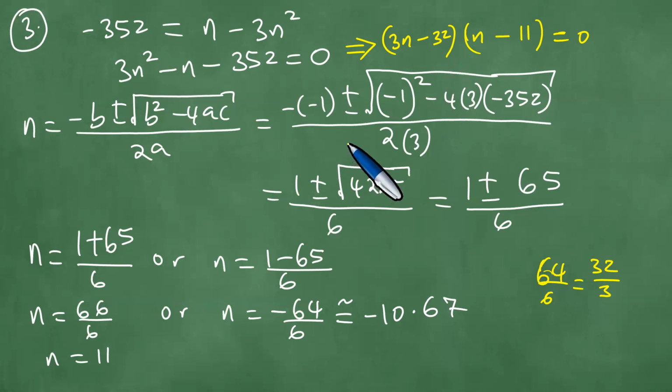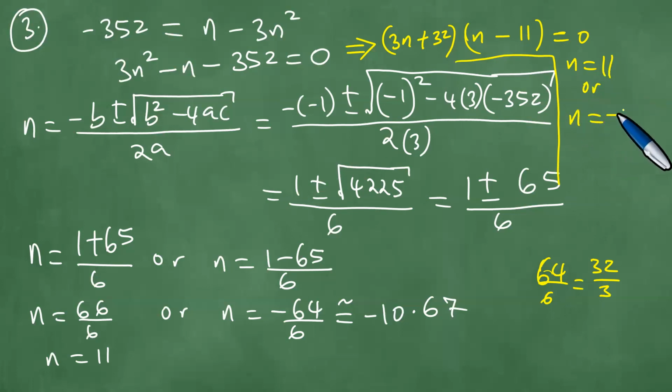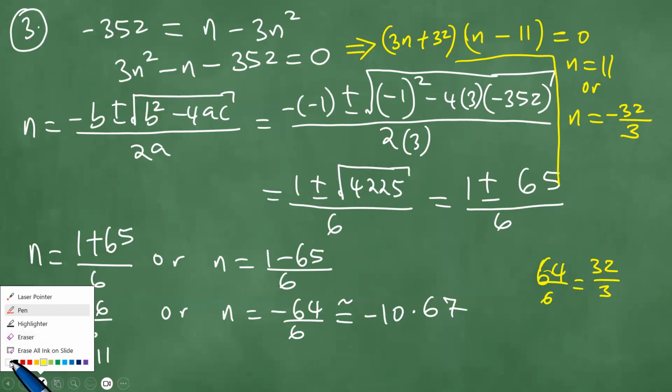One of them is negative and the other one is positive. It's possible, but I use the quadratic formula when the numbers are large. So from this, you can avoid the long process and have n minus 11, or n is minus 32 out of 3.